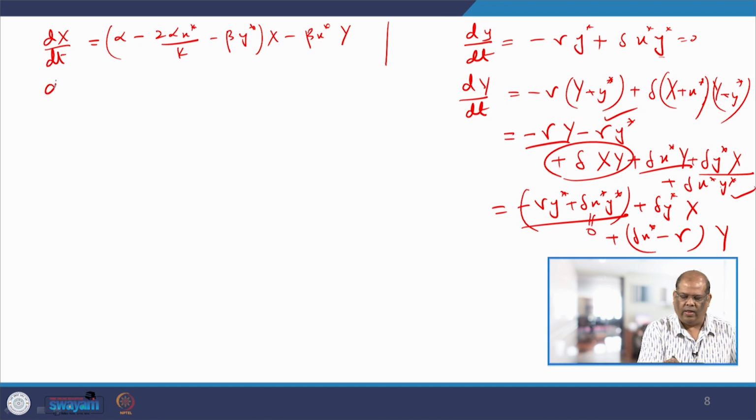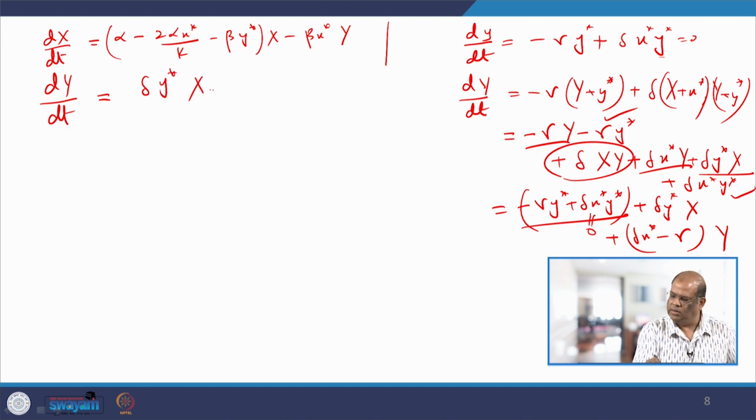And we are left with dy dt is equal to delta y star into x plus delta x star minus gamma into y.